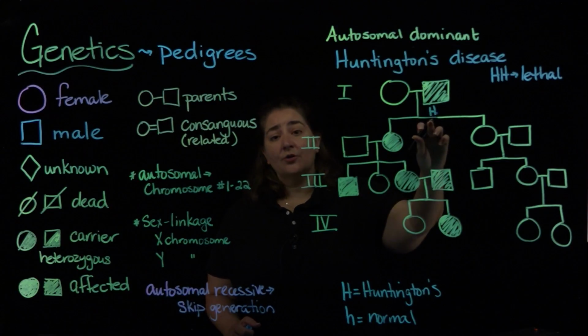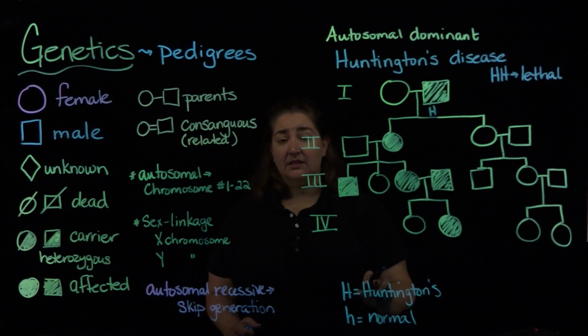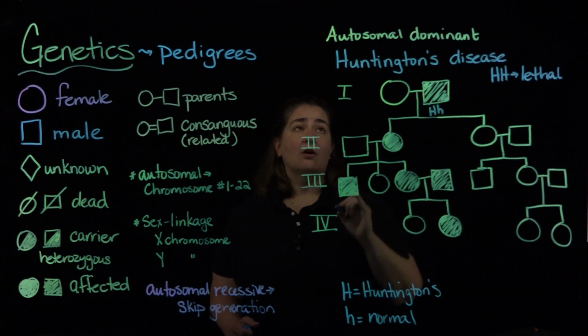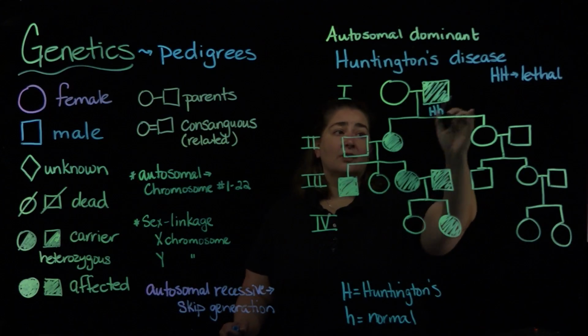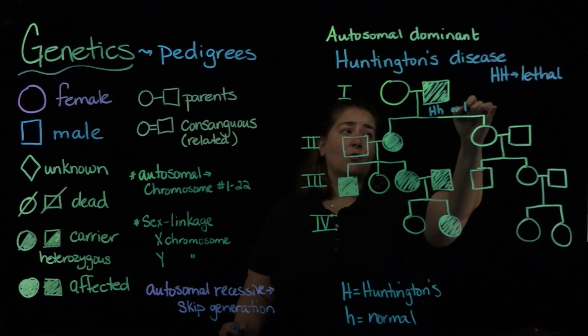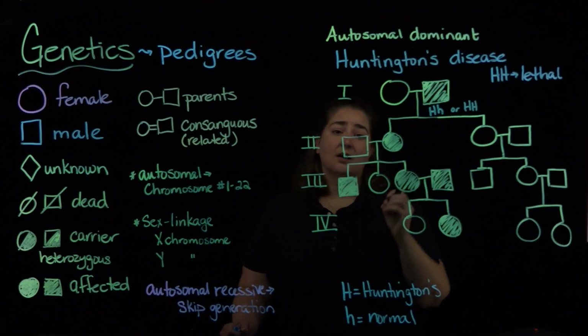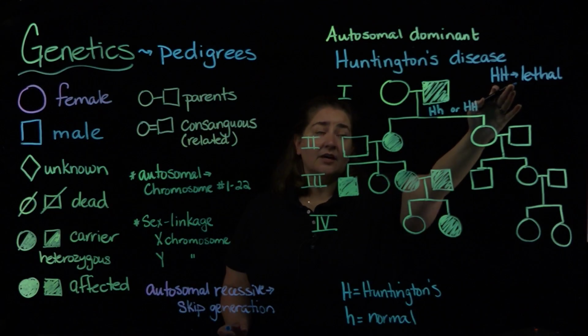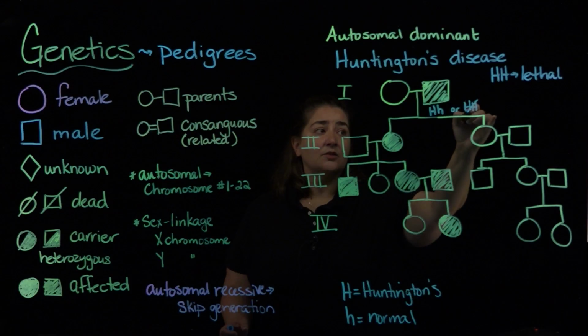You know they have to be capital H because they have the disease. Typically with autosomal dominant traits, you're either going to be heterozygous or homozygous dominant. But in the case of Huntington's, this is lethal, so we know this is not the case.